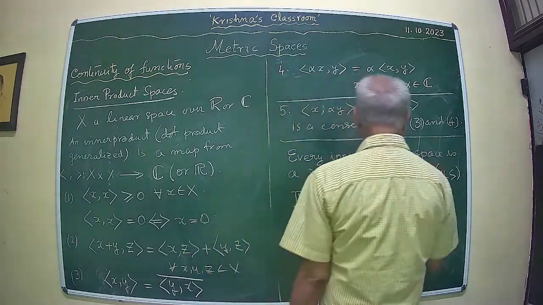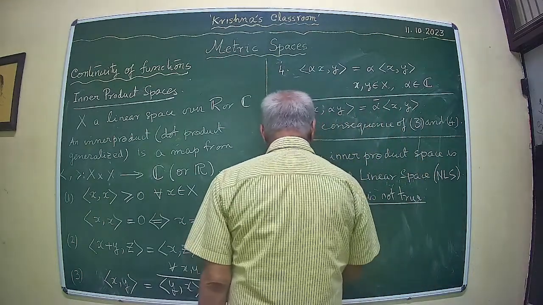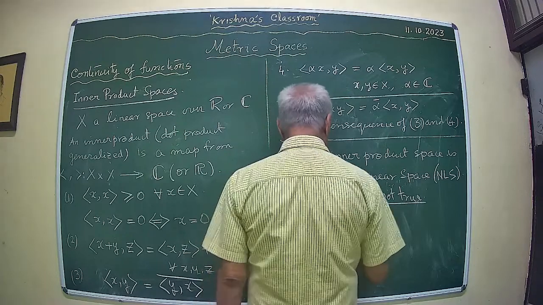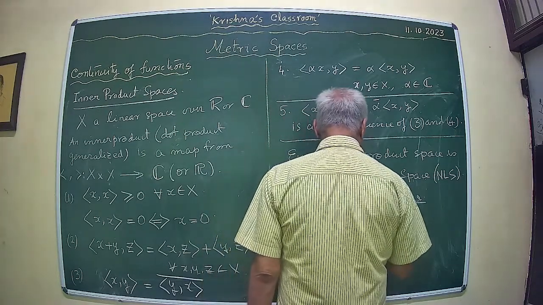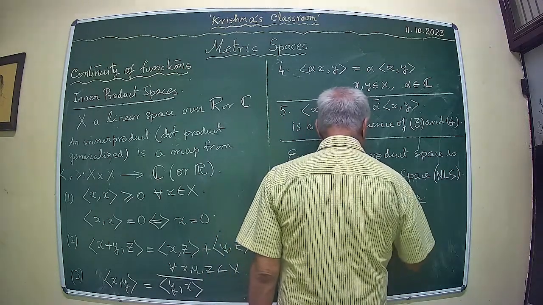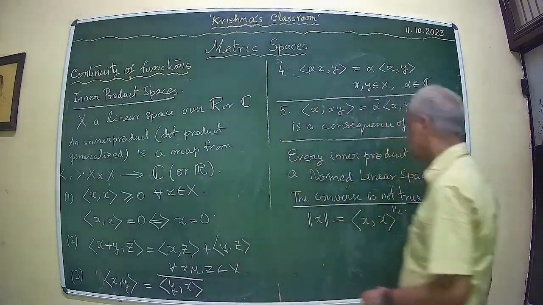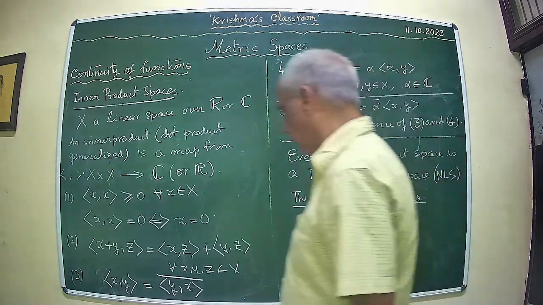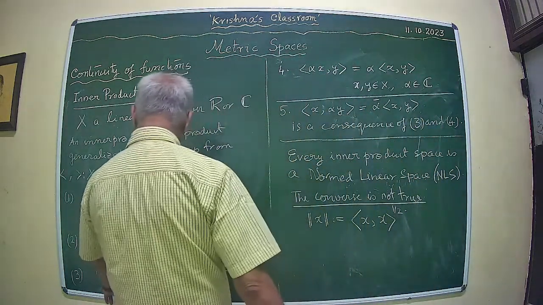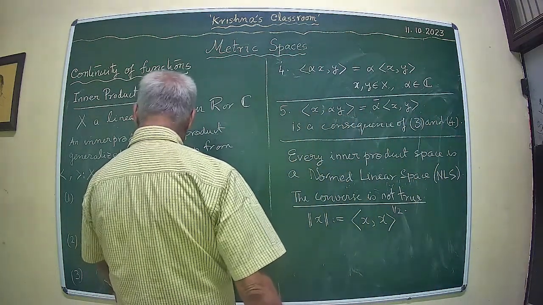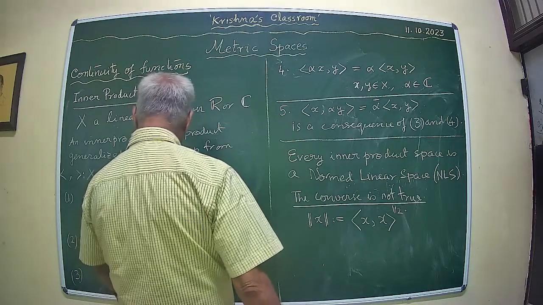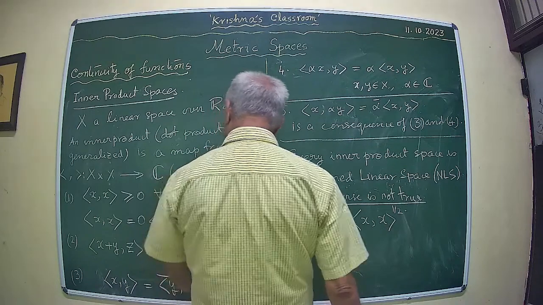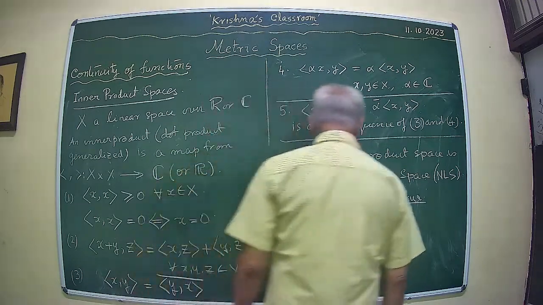And how do you define this norm? The norm of X is defined by the square root of (x, x). You know that (x, x) is always real, because if you apply this, inner product of X with X is equal to inner product of X with X conjugate, therefore it is real.